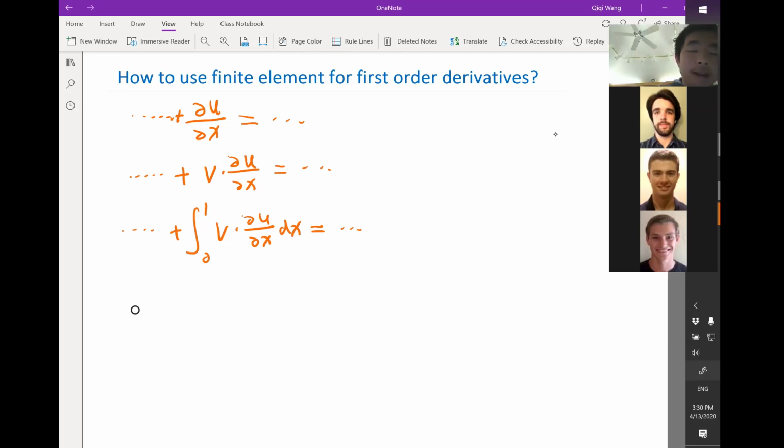And now, again, you have an option of doing integration by parts or not. If we don't perform integration by parts, then we have u inside the derivative and v outside. If we perform integration by parts, we would have u out of the derivative, but v now inside the derivative.